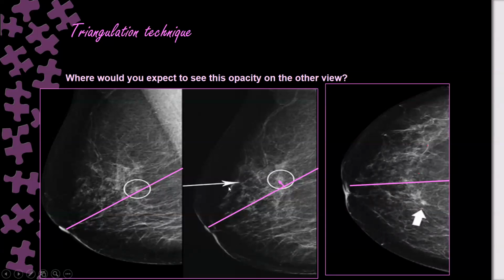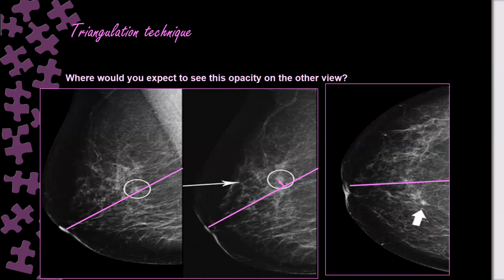First thing is to raise up, to move up, to move down. If it moves up, that means it is medial. If it moves down, that means it is a laterally located lesion.